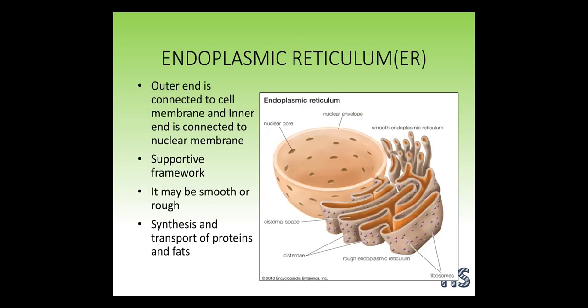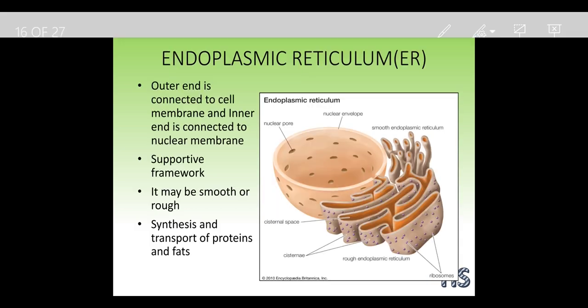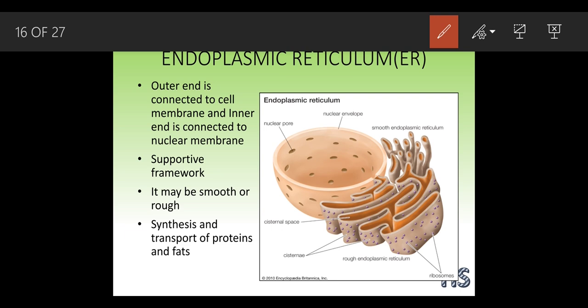First, that is the endoplasmic reticulum. This endoplasmic reticulum, its outer end is connected to the cell membrane and the inner end is connected to the nuclear membrane. Let's understand this part.